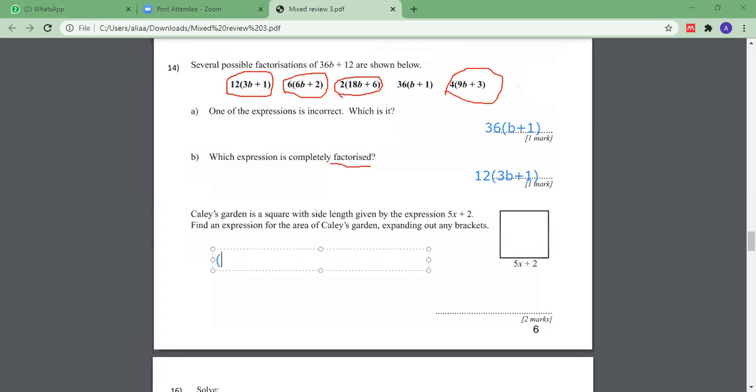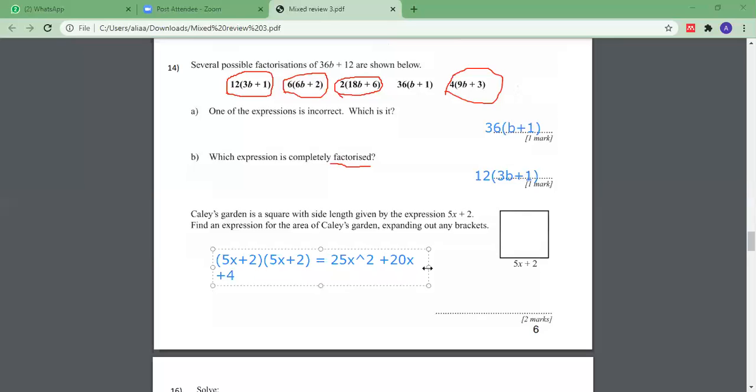Here 5x plus 2 with 5x plus 2. 5x multiply 5x will be 25x power 2, and then 10x, it will be plus 20x plus 4.